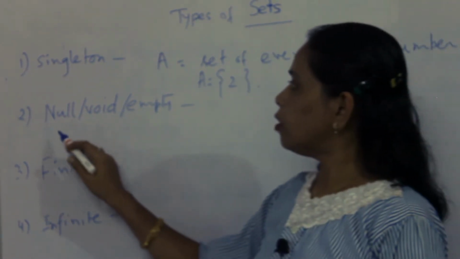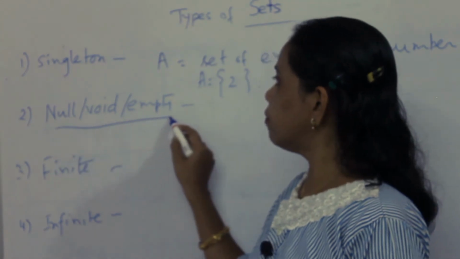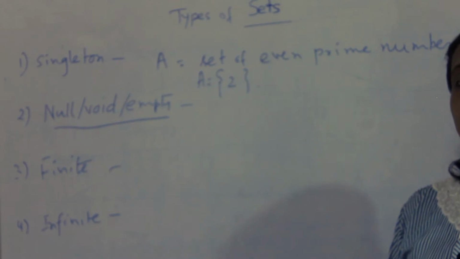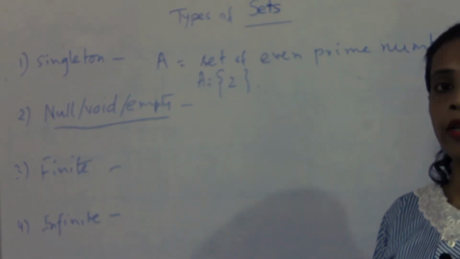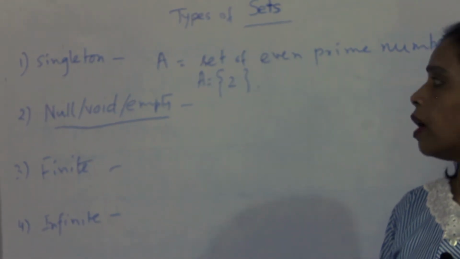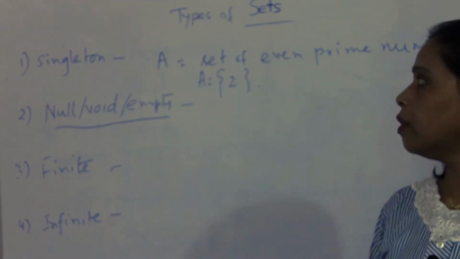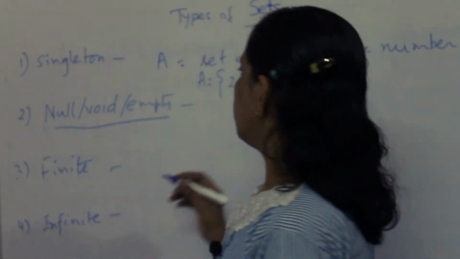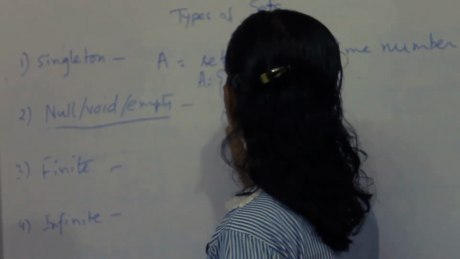Now I am coming to null, void or empty set. What is a null, void or empty set? A set that contains no element is called a null set or void set or empty set. Suppose I am giving you one example.